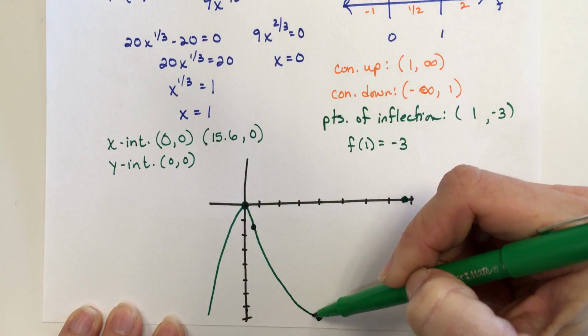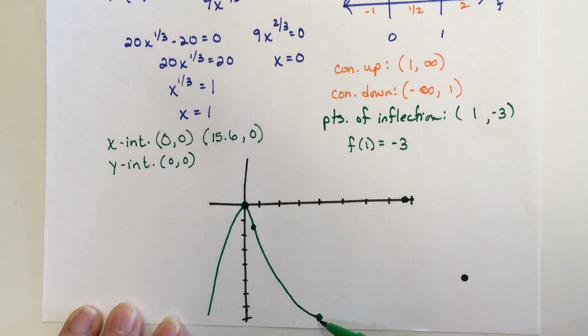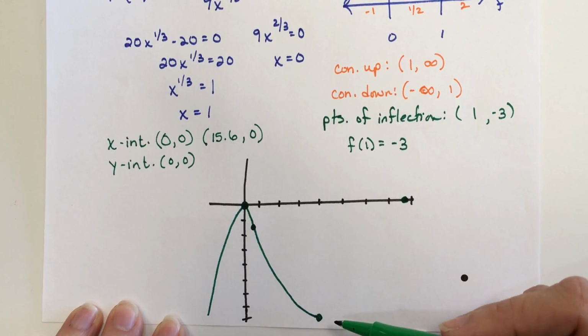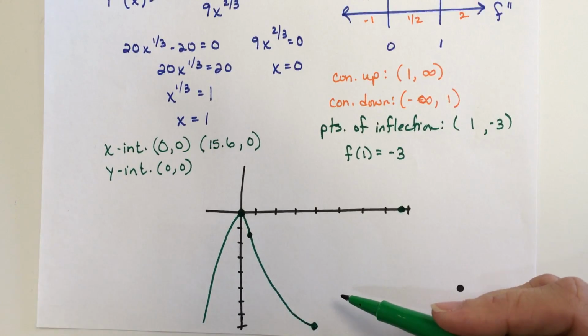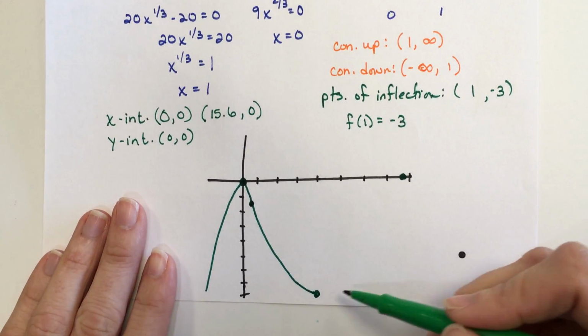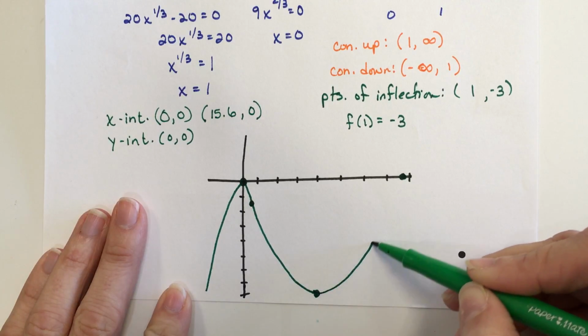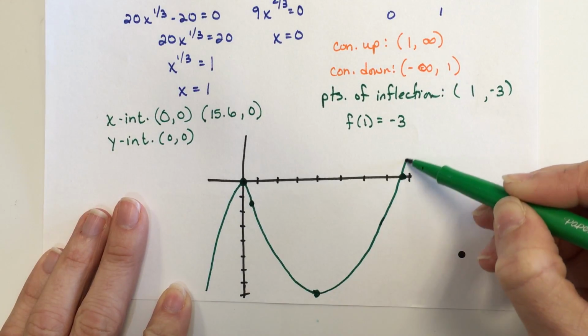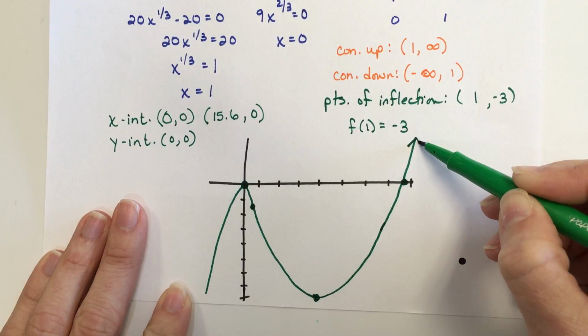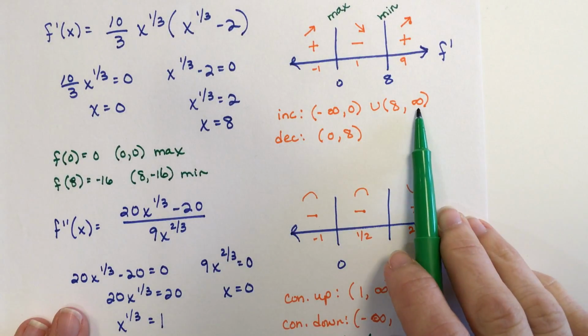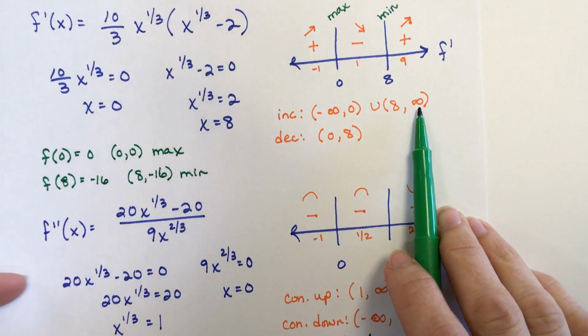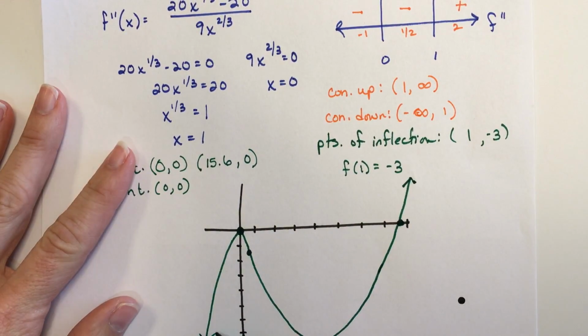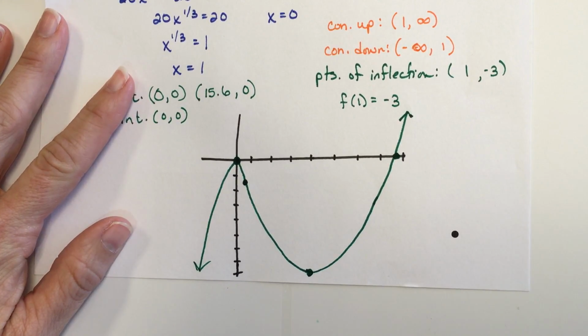Now remember, this was actually a minimum value, so I know it's going to dip down and then it's going to come back up, because after you leave the 8, it goes back to a graph that's increasing, and then it just continues to climb from there, because your increasing, if you remember, continues to the right forever with positive infinity. So that's going to be the sketch of your graph here.